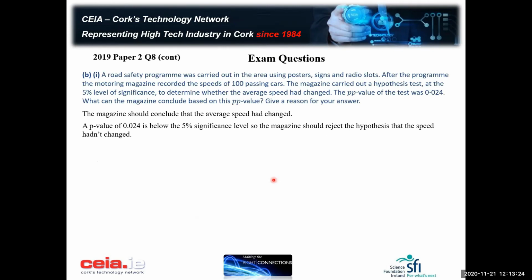Okay, part B. Okay, this is just a verbal question. They're telling you they've got a sample of 100 cars, and now they want to see whether the average speed based on this sample of 100 is different from your previous average speed, which is based on a bigger sample.